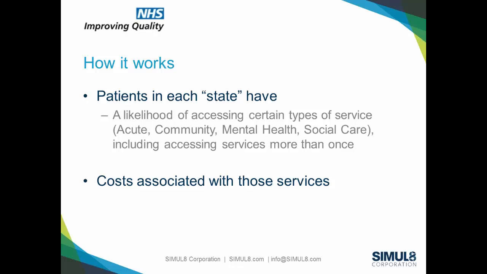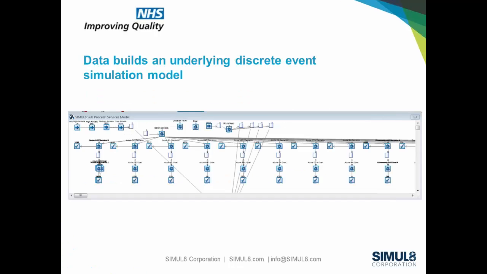And each time they access those services, there's a cost applied, and again, we've got a wide range of potential costs that could be associated with those services. So what we've done is we've taken data from the pilot sites from NHS IQ and put those in there as a default, and then we allow users to change them so they can be localized, so that they can test how that works locally within their own system.